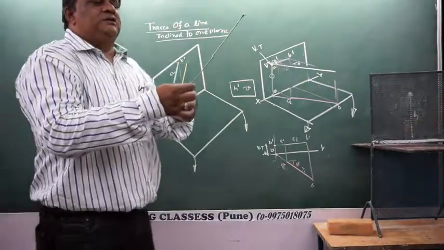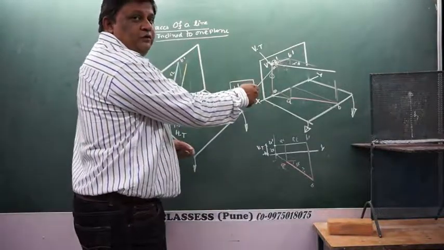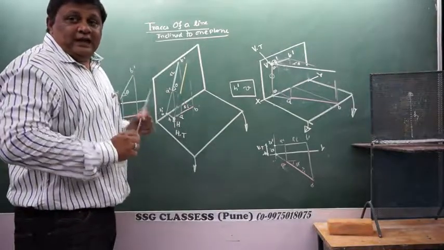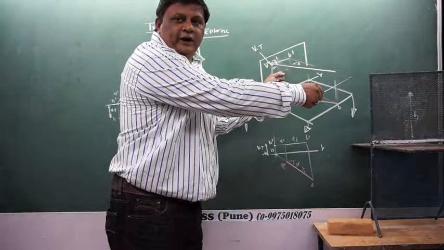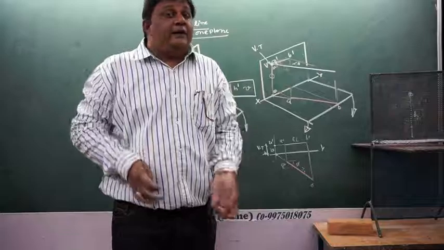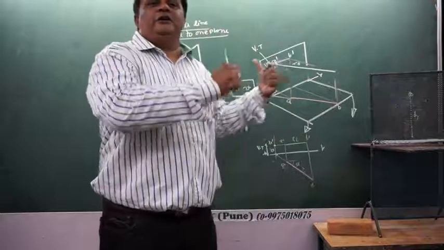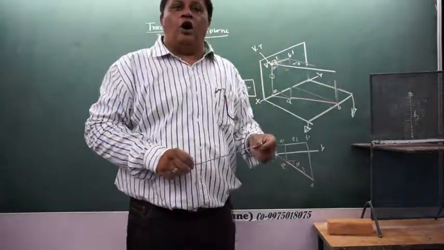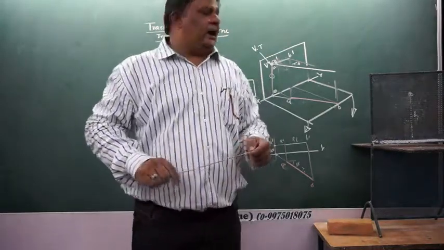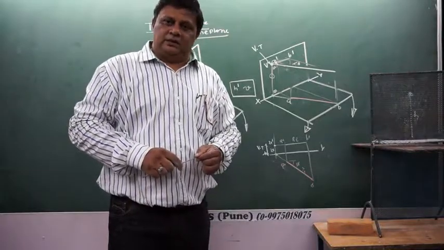Now when the line is going to be inclined to both HP and VP, definitely my front view will be of some other length and my top view will also be of some other length. Agreed or not? That means the true parameters will be different and what will be seen to me will be totally different. So whatever I am seeing will not be existing and whatever is existing will not be seen to me. And those are called oblique lines. We'll take a few examples over it when we meet in the next lecture, and at that time I will make the line inclined to both the planes, called oblique lines. Okay?